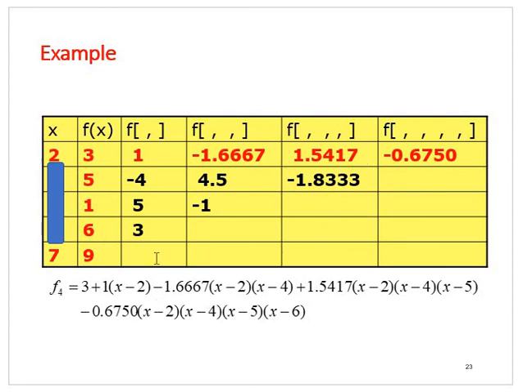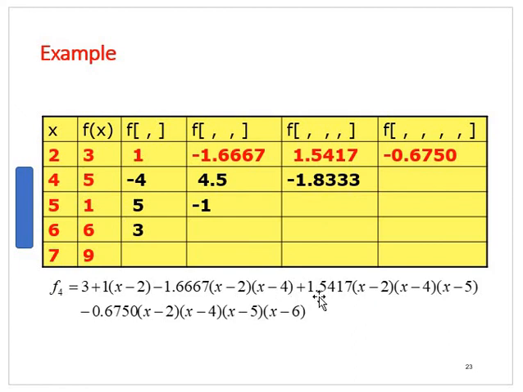So that's it. And then when you obtain all those values, those are the values that you need to come up with the polynomial. So your polynomial will look like this because this is a fourth order. So this will be 3 plus 1 times x minus 2, and then 1 minus 1.667 x minus 2 x minus 4.